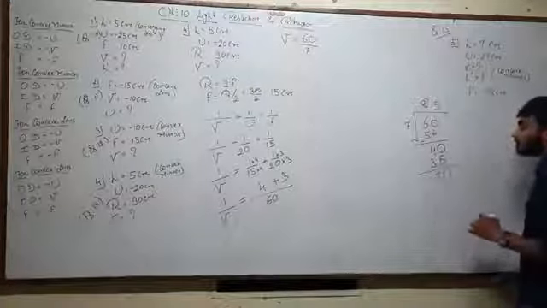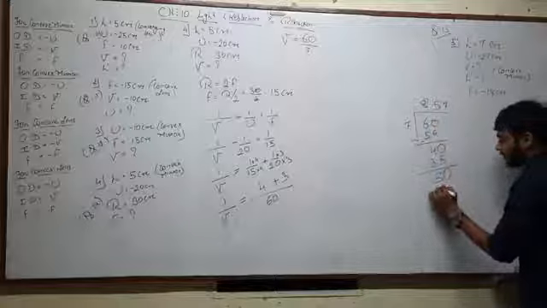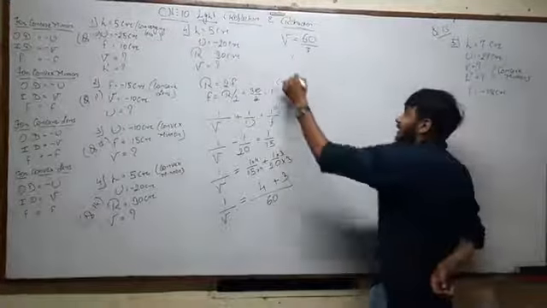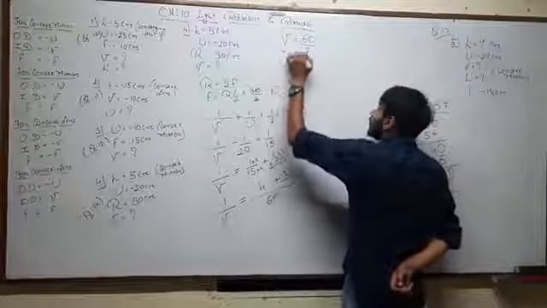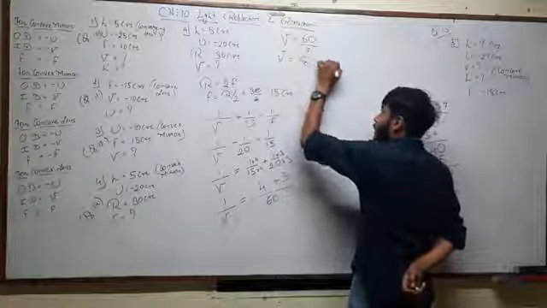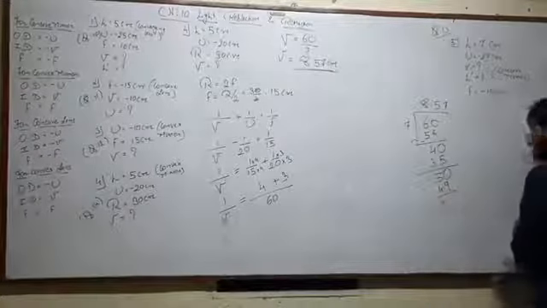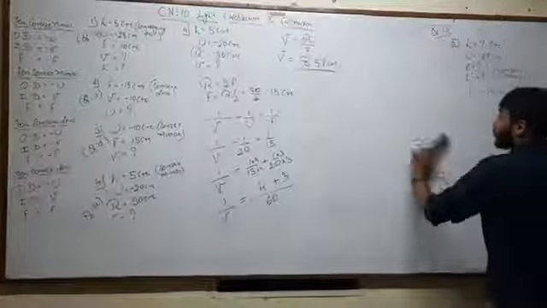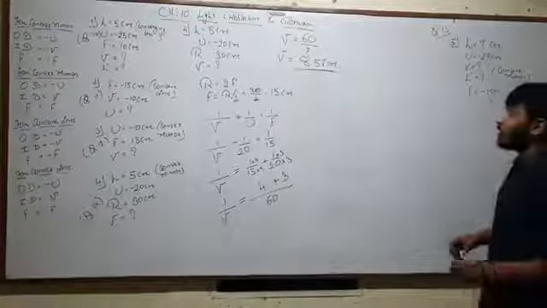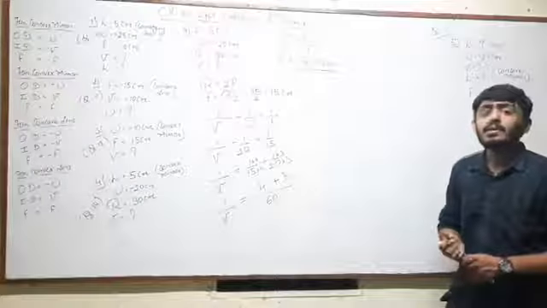Keep 0, and it will be 7 sevens 49 and so on. So it will be v is equal to 8.57 centimeter. I hope you are clear with this, students. So this is your v, that is 8.57 centimeter.